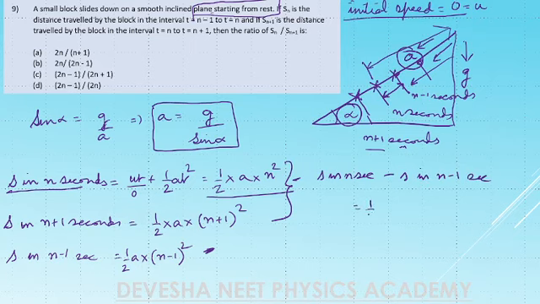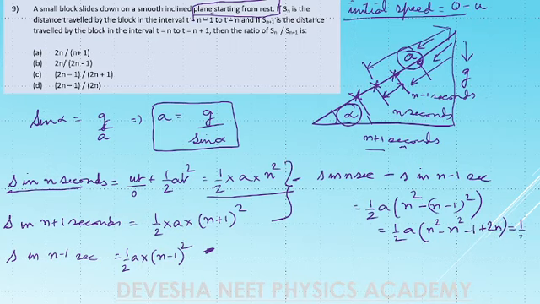This is equal to half a into n square minus n square minus 1 plus 2n, so this is equal to half a into 2n minus 1. So this is the distance traveled in the nth second.